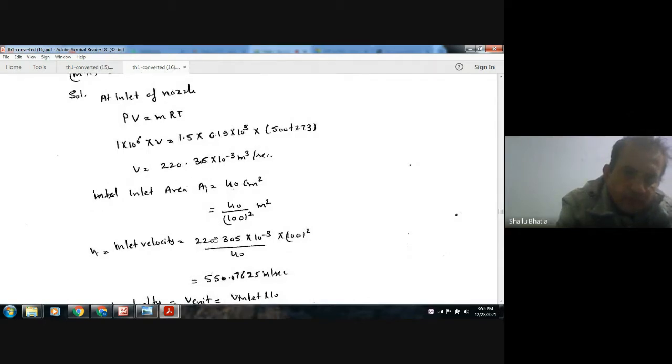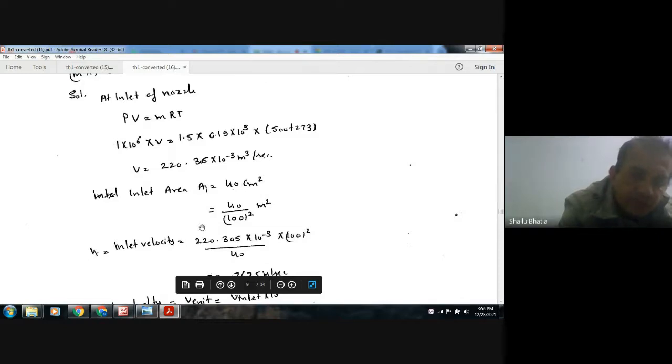We have the volume flow rate, so we can find out the inlet velocity. How? The volume flow rate divided by the area will be the velocity. A into V is the volume flow rate, so V by A is the velocity.